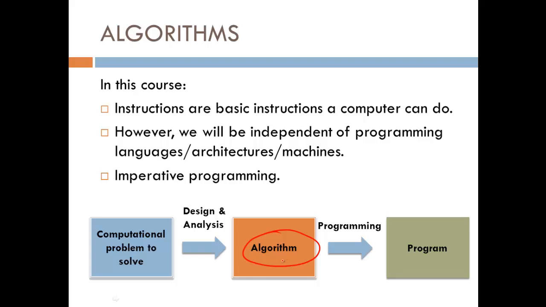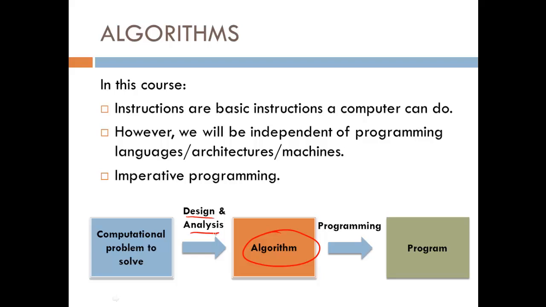The algorithm is not tied to any programming language, right? So at this abstract level of the algorithm, you can do design and analysis. You can do a time analysis to figure out how fast the program will run. You can do analysis to see how much space it would take and so on.